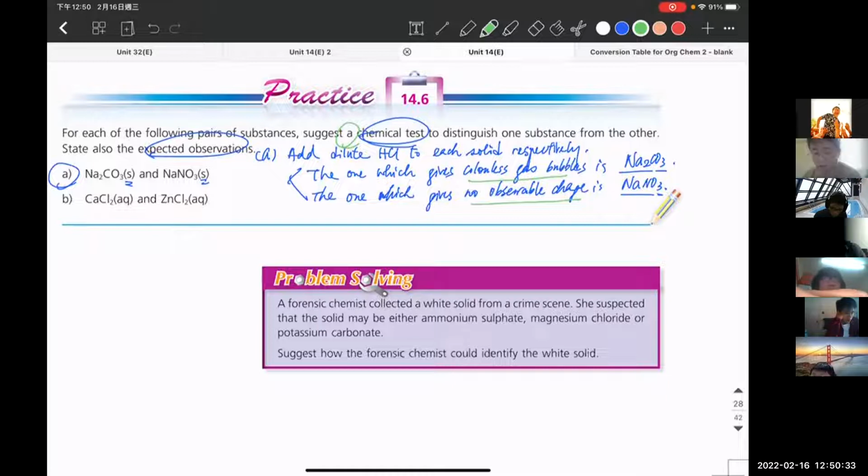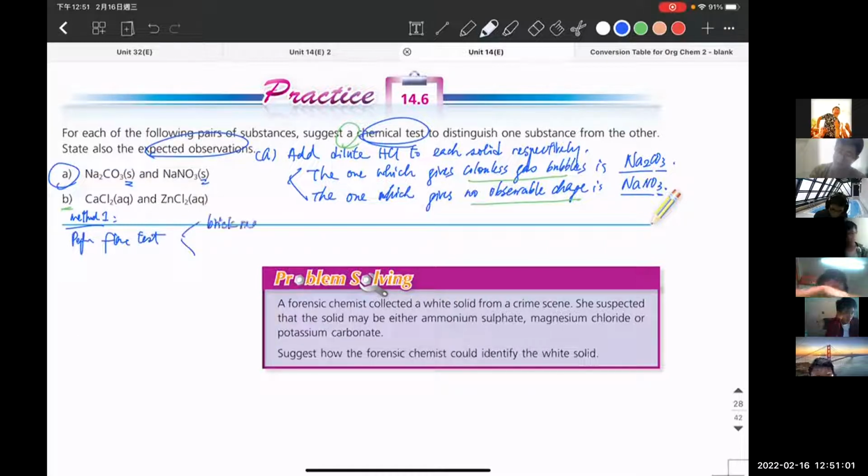And how about B? Flame test. So what is the observation? Perform flame test. So two observations.